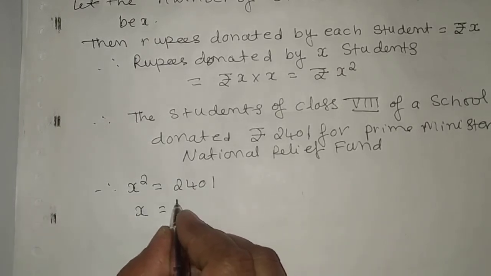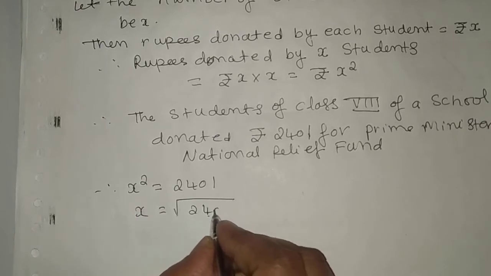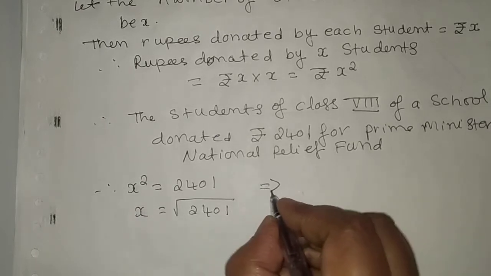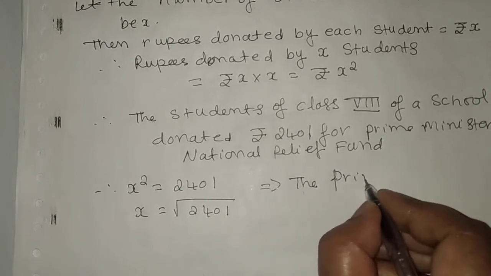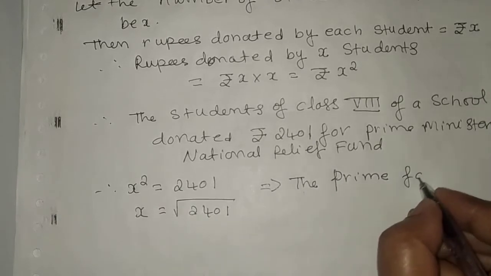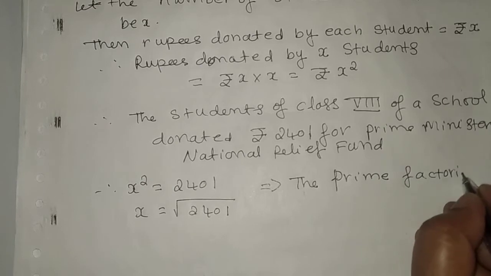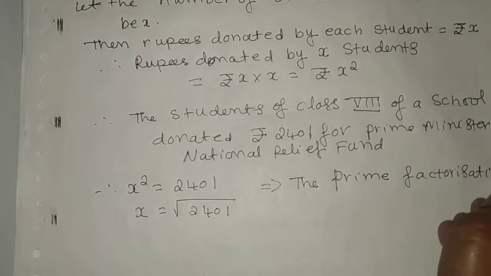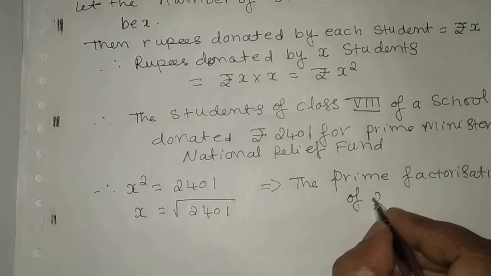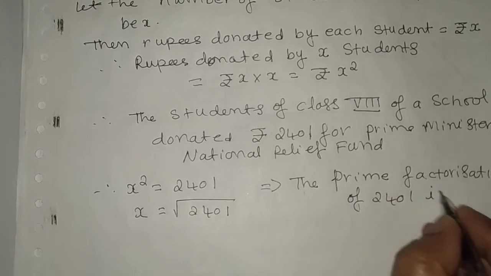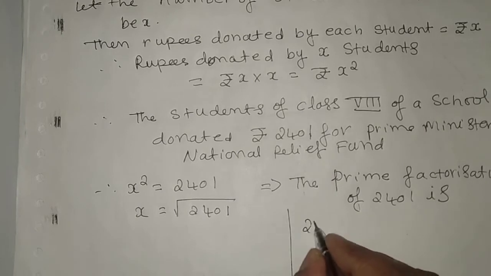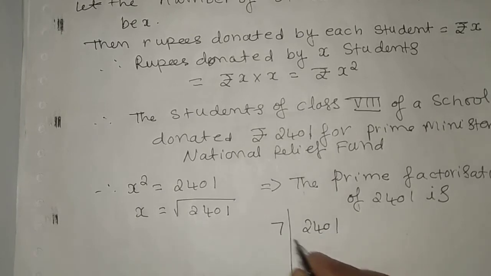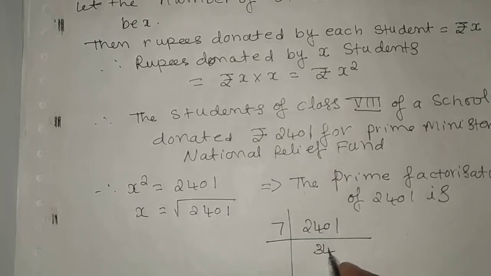X is equal to square root of 2401, which is equal to the prime factorization of 2401 is, now we'll factorize this, that is 2401, 7s are 343.